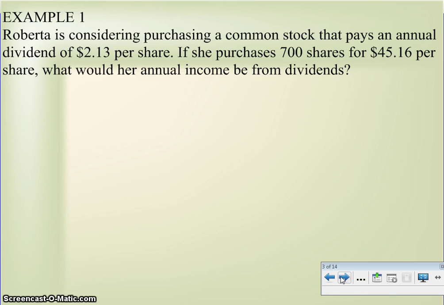All right, looking at example 1. Roberta is considering purchasing a common stock that has an annual dividend of $2.13 per share. If she purchases 700 shares for $45.16, what would her annual income be from dividends? Now, I don't care about the price she purchased it by.